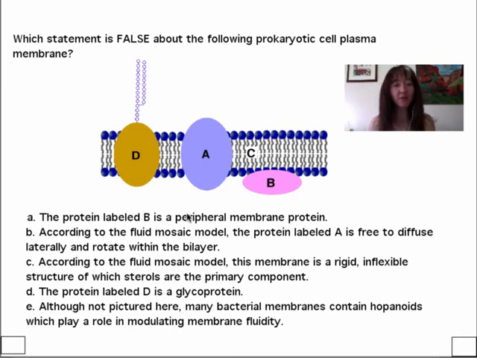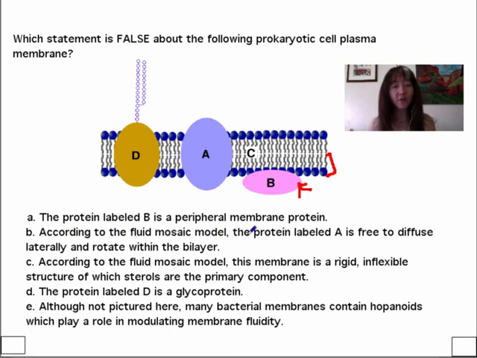The protein labeled B is a peripheral membrane protein. Yes, that looks to be the case because it is associated only with the inner leaflet of the membrane on one side of the membrane, the intracellular side, so it is a peripheral membrane protein. Unlike A and D that are integral membrane proteins, right, they span the membrane entirely.